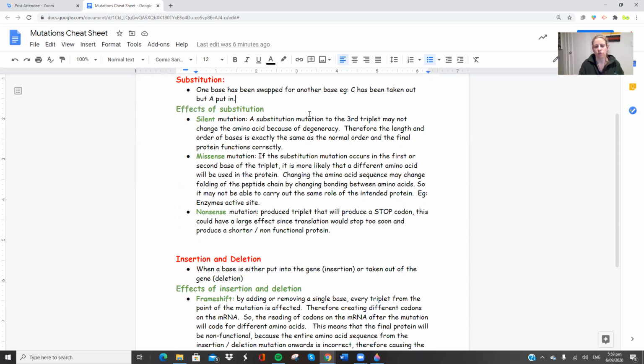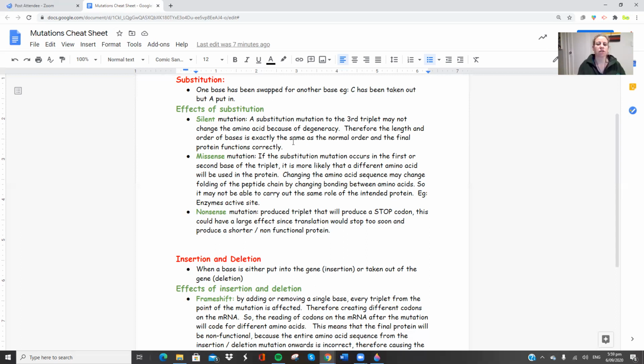Therefore, the length and order of the bases is the same as it was in the normal order, and the final protein functions correctly. So degeneracy is when many codons code for the same amino acid. So if the third base is changed, generally the same amino acid happens.